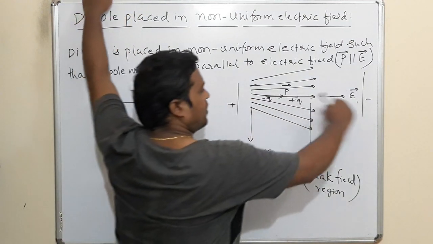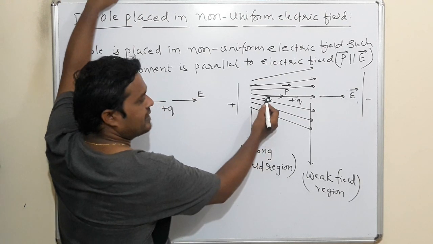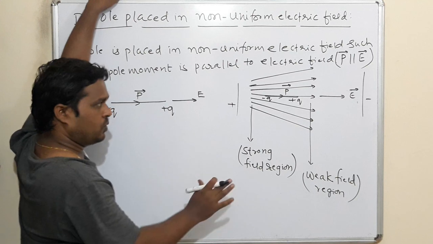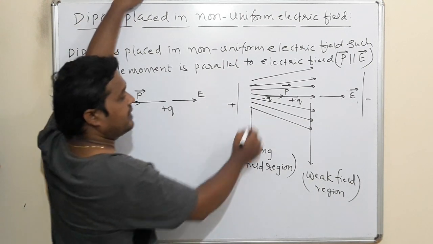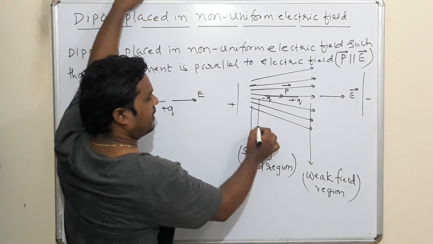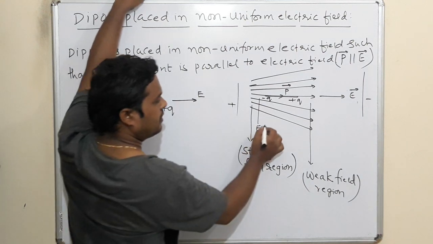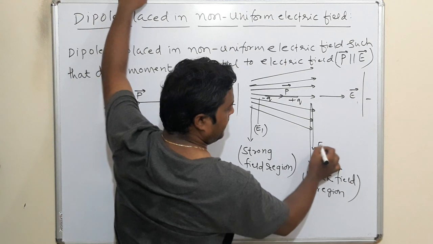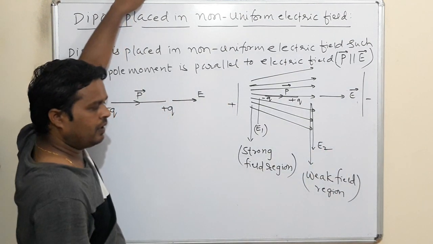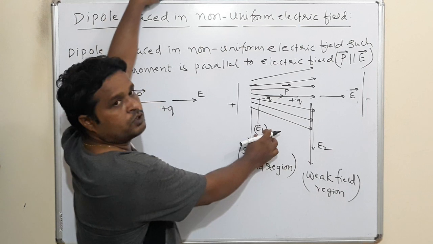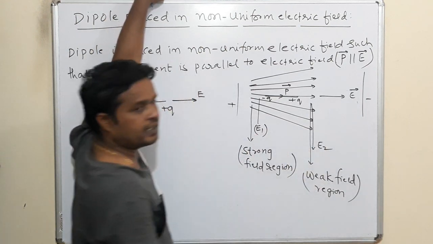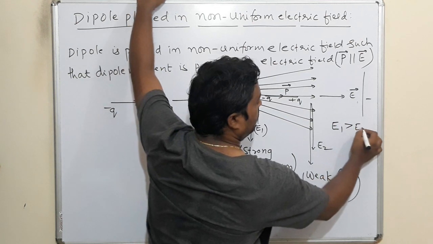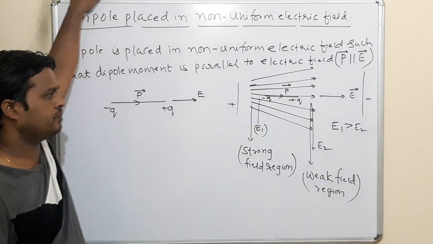I told you this field is not uniform. Let us say the strength of electric field here is E1 and the strength of electric field in this region is E2. This is strong field region, this is weak field region, so the magnitude of E1 will be more than the magnitude of E2.